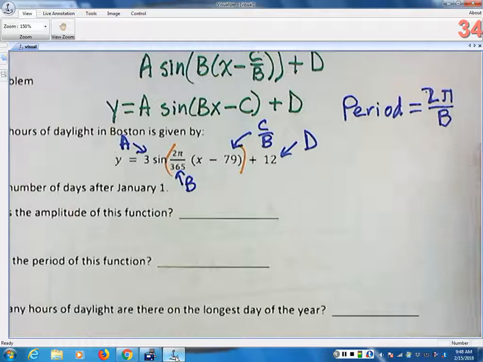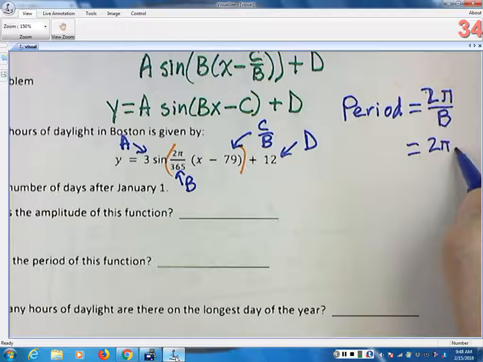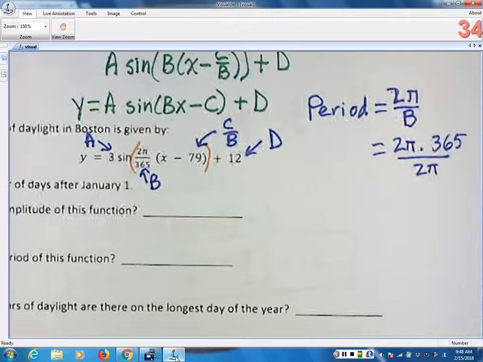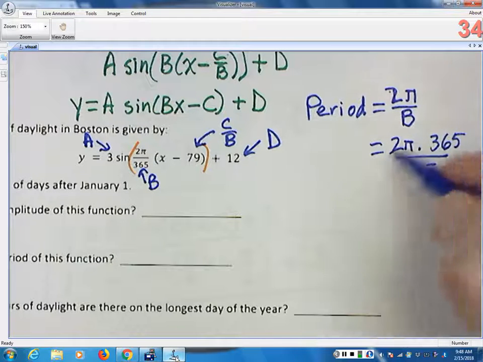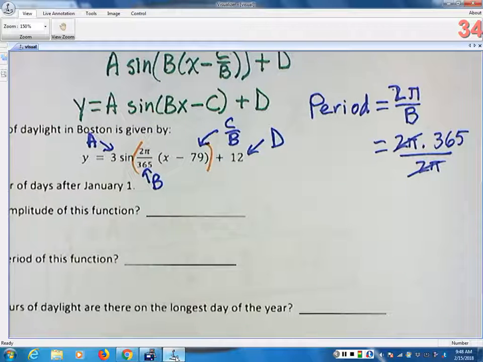So when you flip that, it's 2 pi times 365 over 2 pi. These cancel. The period is 365 days, where x is the number of days. So our period is 365.